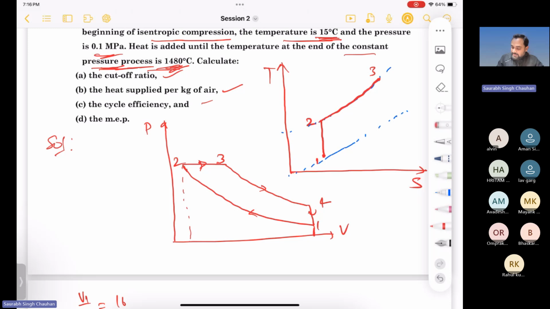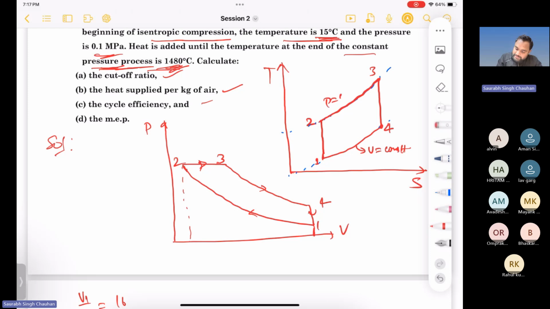Then 3 to 4, again this is isentropic, so it will be a vertical line, with constant entropy. And 4 to 1 is constant volume heat rejection. So this is the constant volume line, volume is equal to constant.